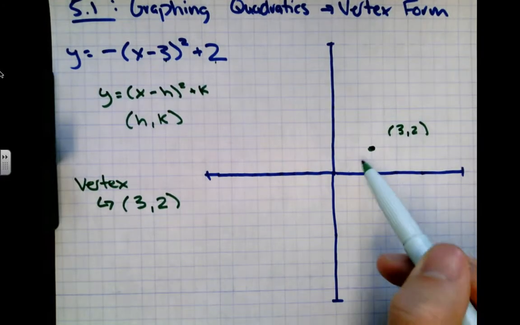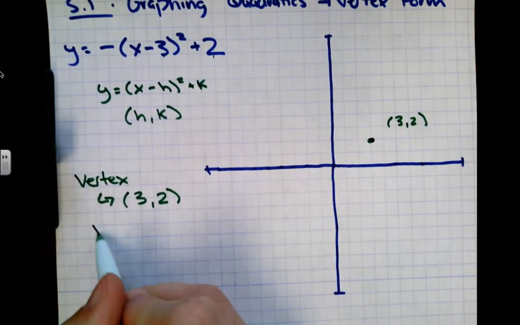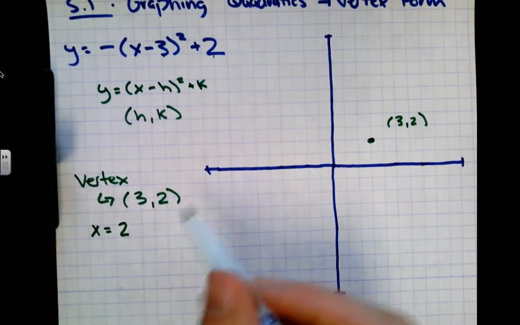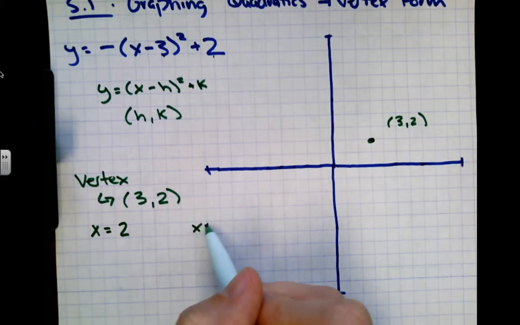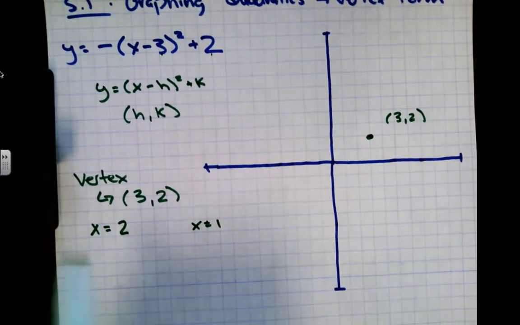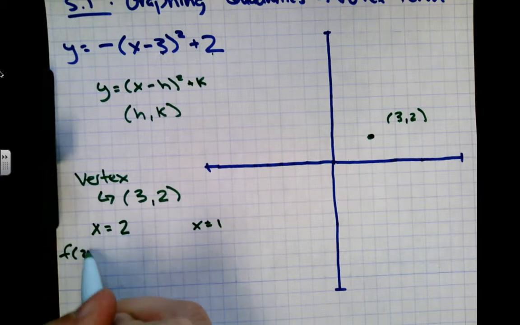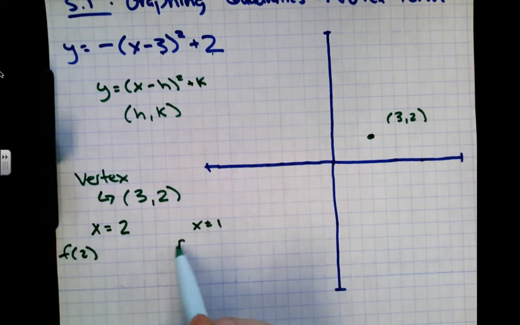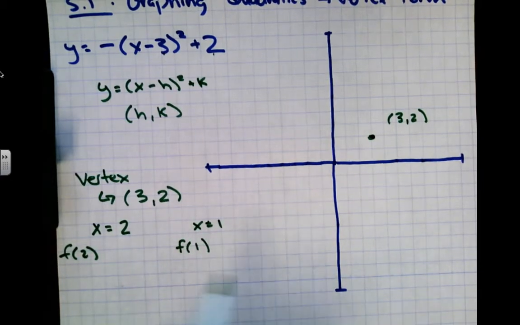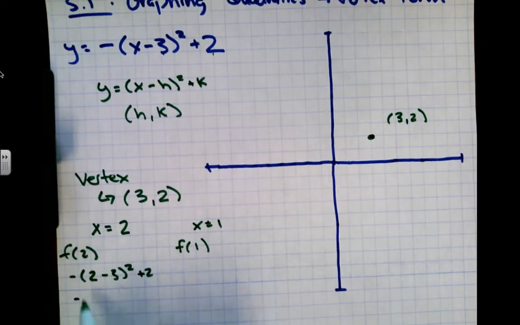So what we'll choose is x equals 2 and x equals 1. We're going to take x equals 2 and x equals 1 and plug those two into our original function. So we're going to evaluate f of 2 and we're going to evaluate f of 1. When we evaluate f of 2, we would have negative 2 minus 3 squared plus 2, and we would go through and just use PEMDAS to simplify this.